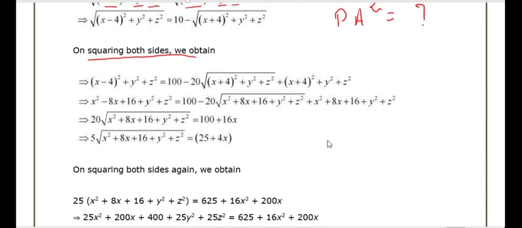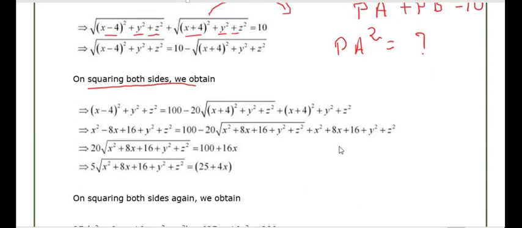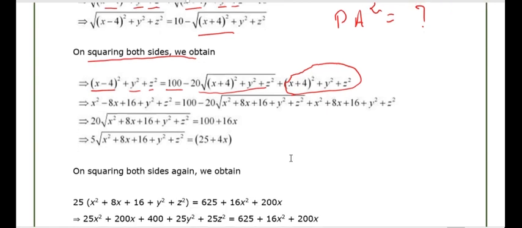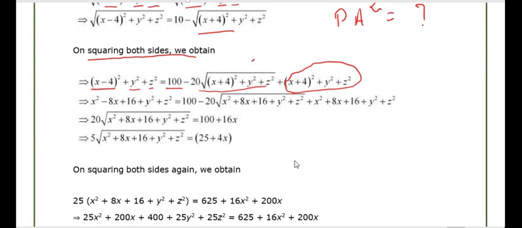Alright, so squaring on both sides, I will get x minus 4 whole square, y square, z square equal to. Now, here you have to apply the perfect square method, square of first term, square of last term, so that under root will be removed, and then this is the middle term. Alright, then simplify. Once again, one more under root is there.